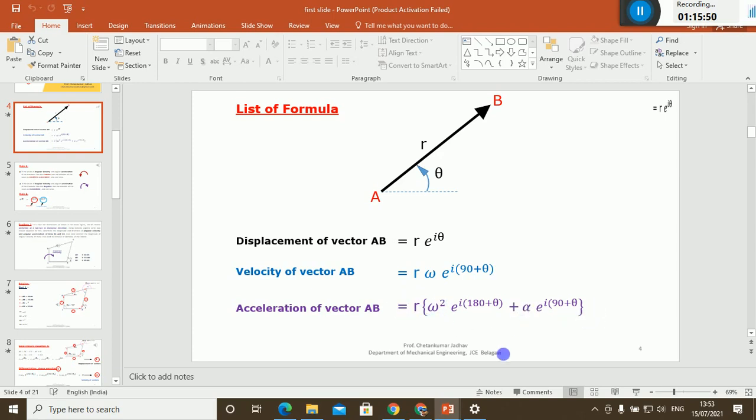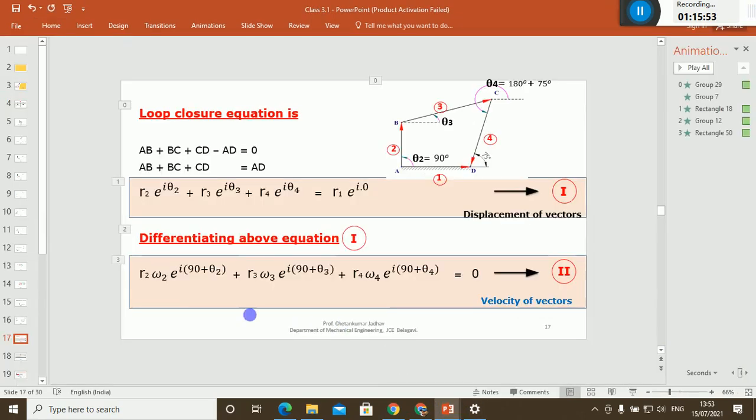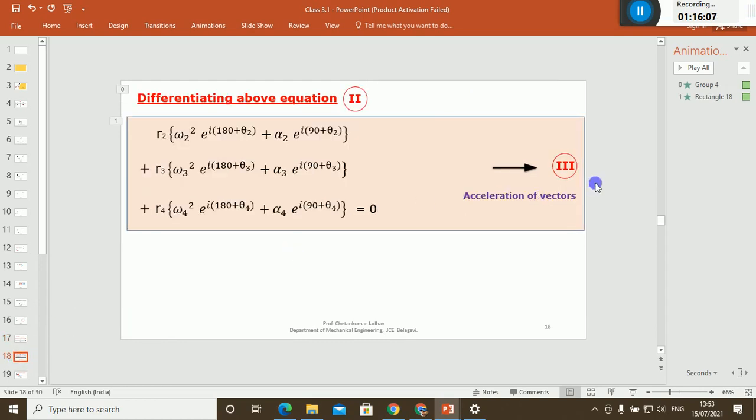Just remember this, and you can write directly the velocity of each equation. So you got the second equation. In a similar manner, when you differentiate the velocity vectors, you'll get the third equation, that is nothing but acceleration. Using the formula, I got this answer. Now I have the 1, 2, 3 equations from part 1.